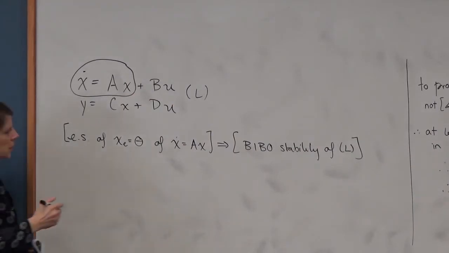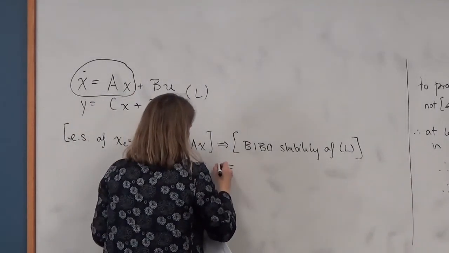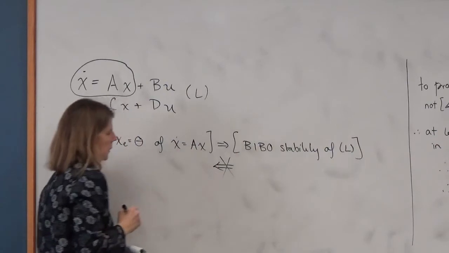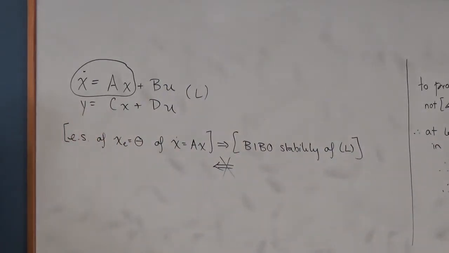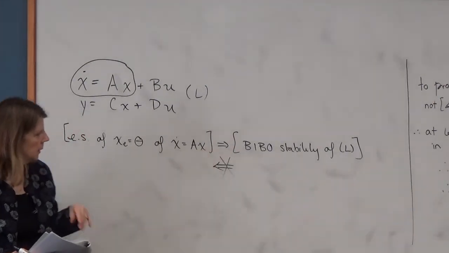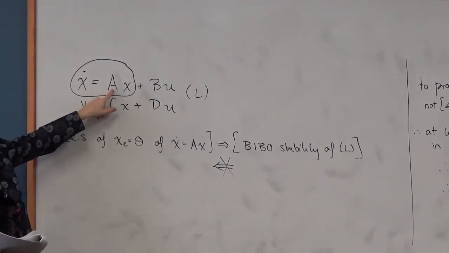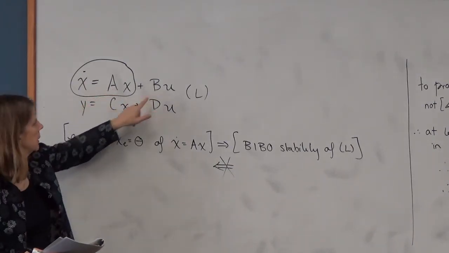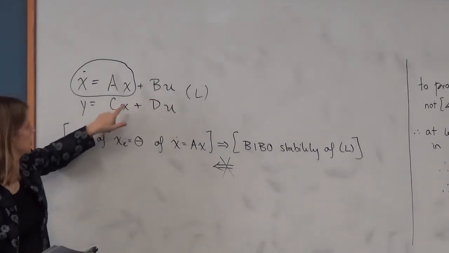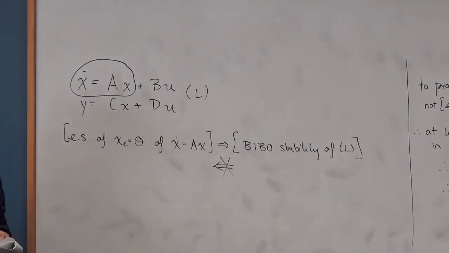But the reverse is not necessarily true. The reason is that you can have a system that's bounded input, bounded output stable because some unstable eigenvalues, some eigenvalues in the right half plane, say, may be hidden because of the relationship of B and C in the input-output response.